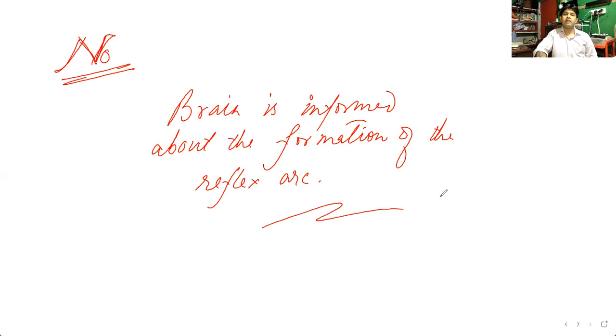So that is the activity of the brain. That means the brain is not directly involved in the reflex action, but during the reflex action, when a reflex arc is produced, the brain is informed about that reflex arc. Keep that in your mind. It is very, very important.